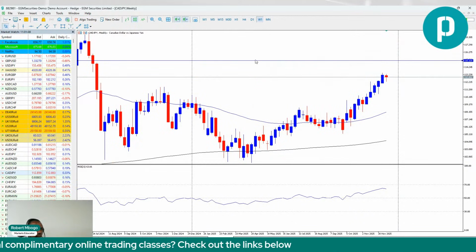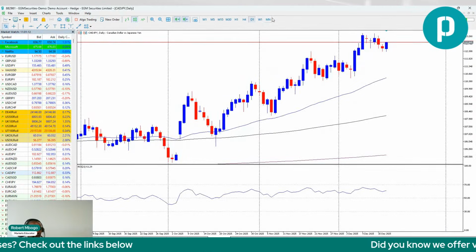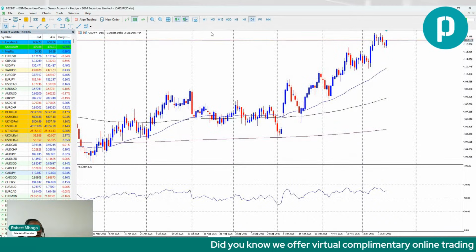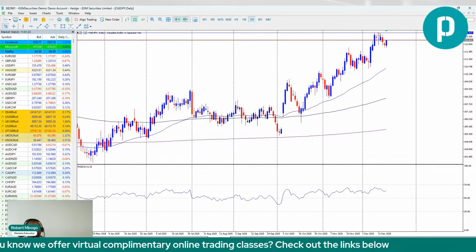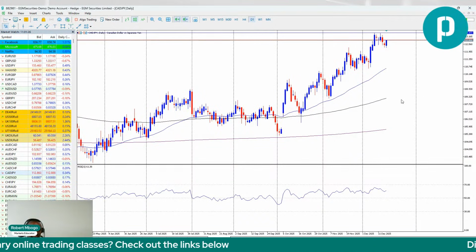On the weekly, the yearly high has been tested already. On the daily chart, we have the monthly high. The highest price in the month of December was set up here.